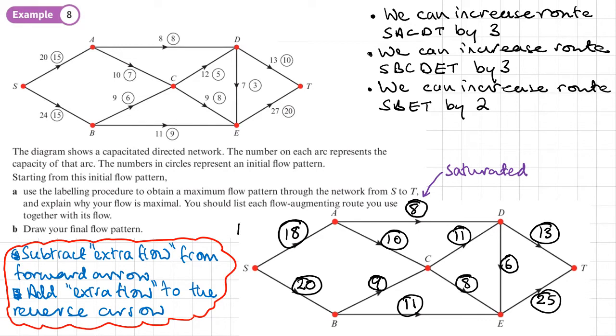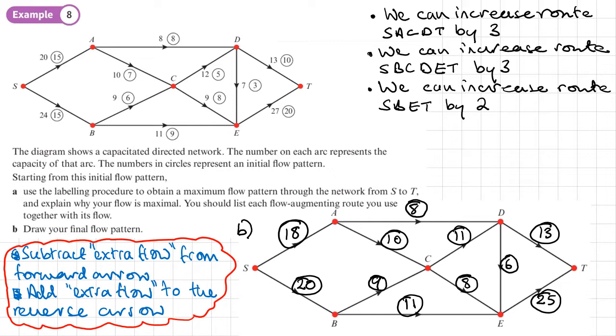This is my final flow pattern, and if we compare it to the initial one, this one had a flow of 30, so 15 plus 15, 10 plus 20, so that was the initial flow. Now this one has a flow of 38. You can see it there, what's coming out of the source. It's the same as what's gone into the sink.